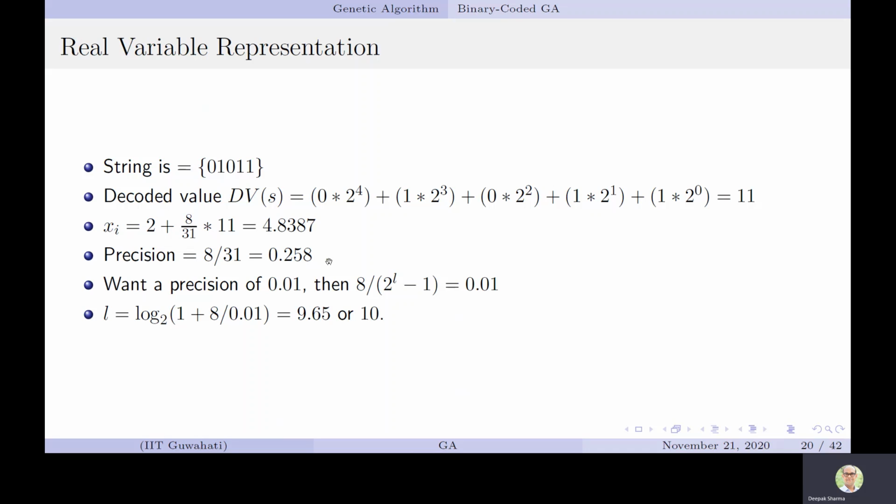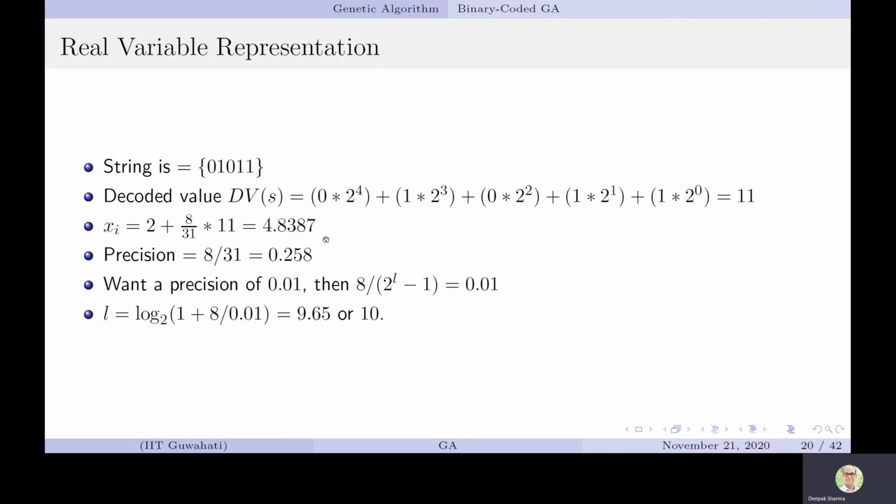What do we mean by precision? Suppose I want to find the next value. Next value means the decoded value will become 12. So you do this calculation and you will find that when you take the decoded value as 12, the next immediate xi value will be 4.8387 plus 0.258. So that is the next value, meaning that there will be no value in between these two values.